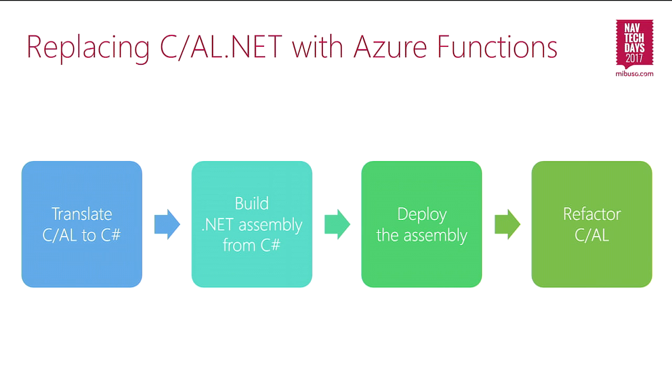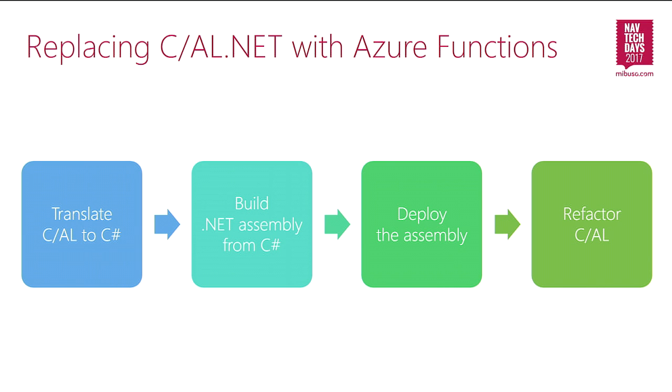The first situation is if we have CAL or CL.NET, if we want to replace it with Azure Functions. This is what we would have to do. First, we would have to start by translating this to C#, because eventually your function will be C#. And then when you have it in C#, you can start running it.